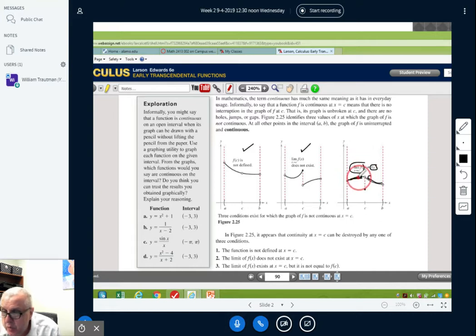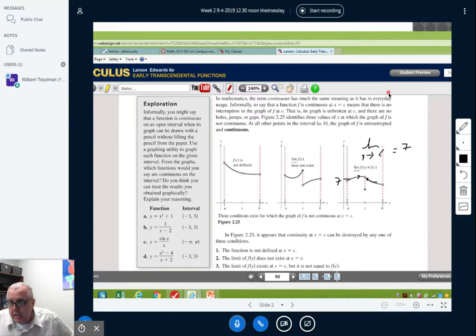So do you see how when we say what's the limit of this function, let's say this value right here is 7 for a y value. So the limit of this equals 7. The limit as x approaches c is 7 because from the left and the right, it's approaching 7. However, the actual function at c is 6. If you say, what does f of c equal?